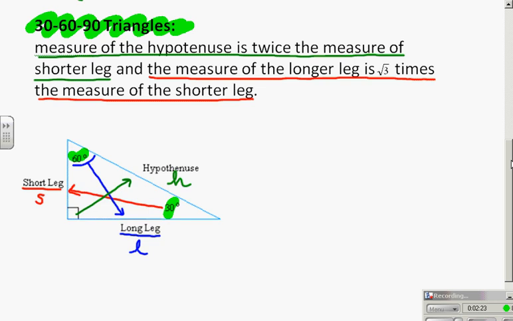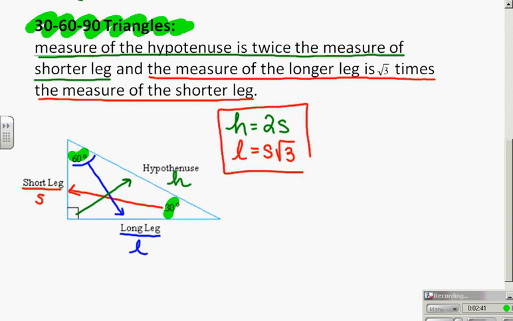The hypotenuse is equal to 2s, 2 times the shorter leg. The longer leg is equal to the short leg times the square root of 3. So again, these two formulas are a shortcut to the Pythagorean theorem in solving 30, 60, 90 triangles.